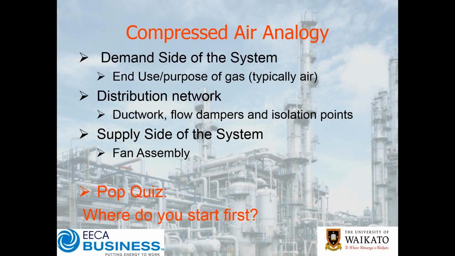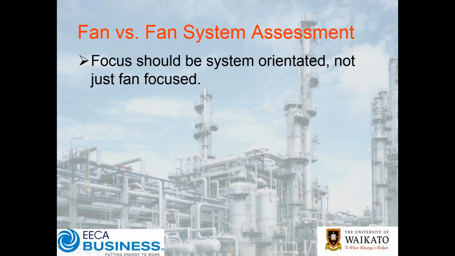Has the fan got enough pressure? Has it got enough flow? When in actual fact, the fan is the end of the equation in terms of the supply. It's more important to understand all of the downstream demand, what you're trying to do, what you're trying to achieve, and what other restrictions and influences you have on the system.